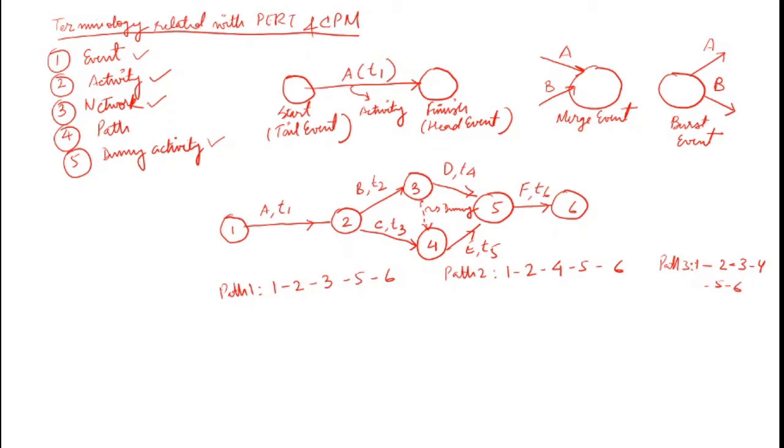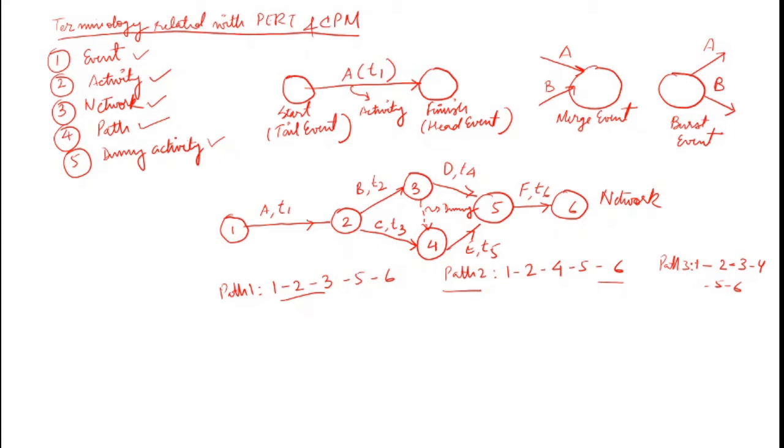So it is considering the dummy activity. So this is called a network. And these are paths.